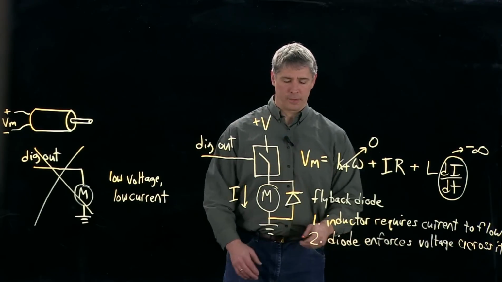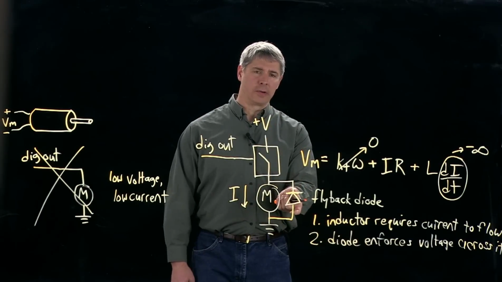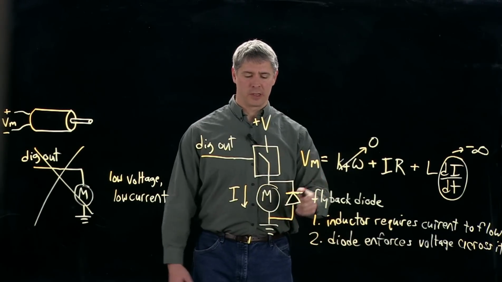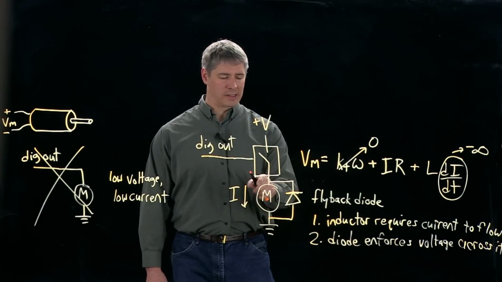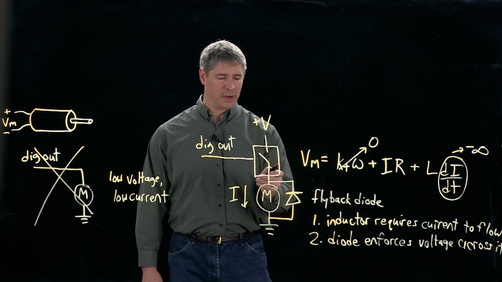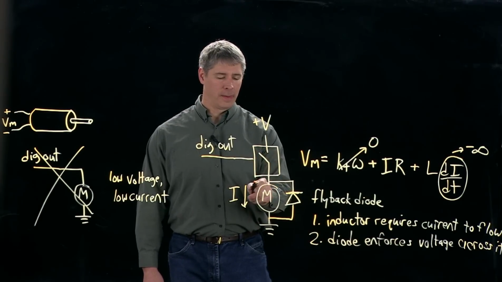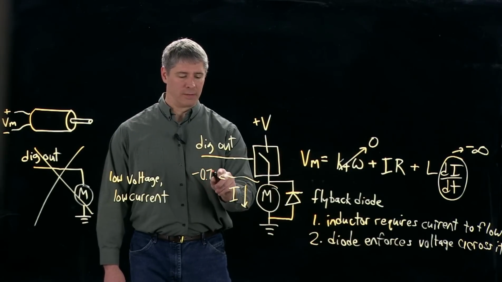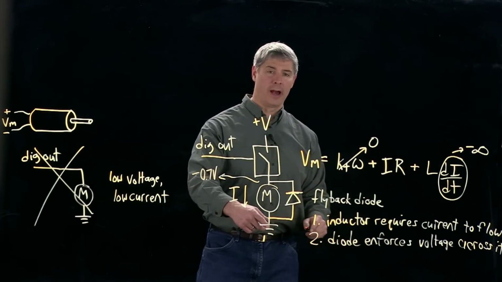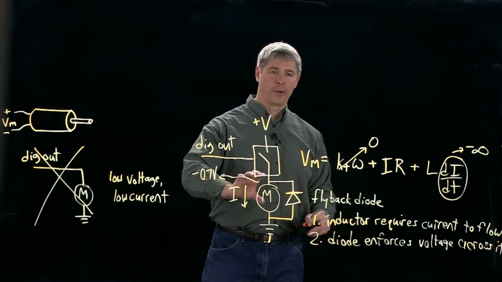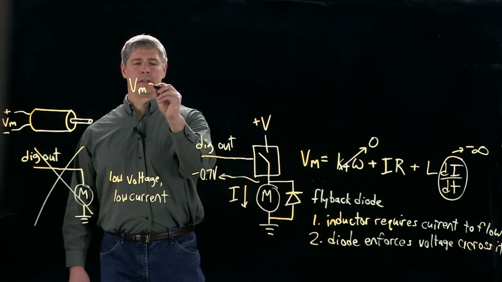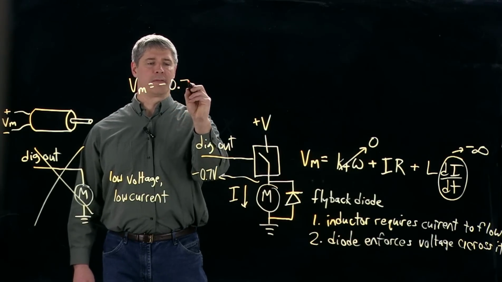So for instance, if the diode voltage drop from here to here is 0.7 volts, then at this location, when the switch is open after it had been running for a while, this voltage will be minus 0.7 volts, so lower than ground. So if we write now this equation for the motor, we've got Vm is equal to minus 0.7 volts.